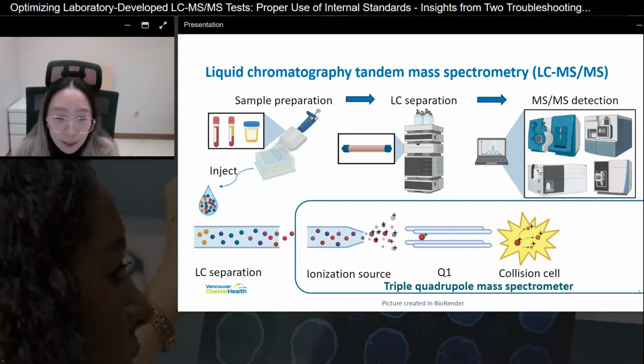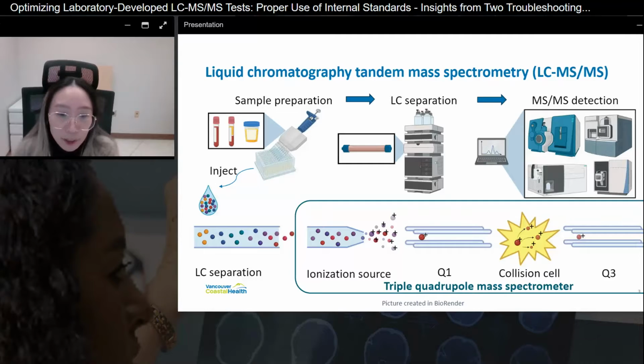And then lastly, the target product ions are filtered in the third quadrupole, Q3, and get detected. The precursor ion and the product ion together is called a transition. Each molecule, based on their chemical structure, will usually have their signature transitions in a given mass spec condition. And by monitoring several of these transitions, we can monitor a specific compound of interest.